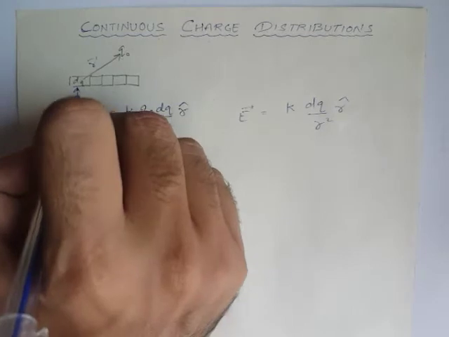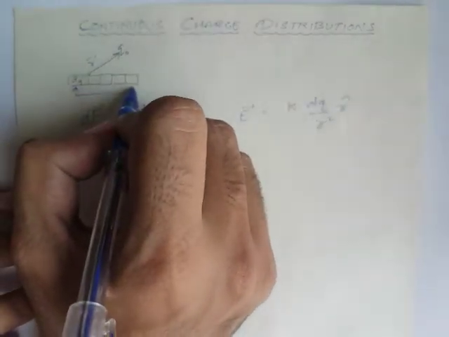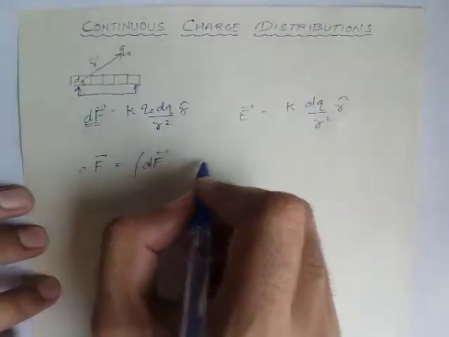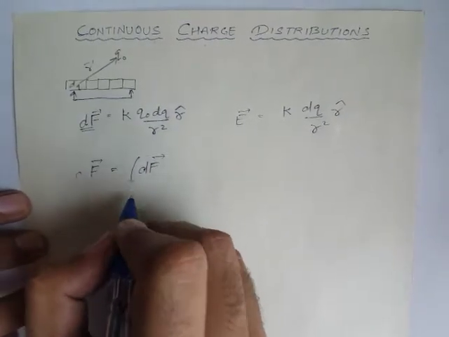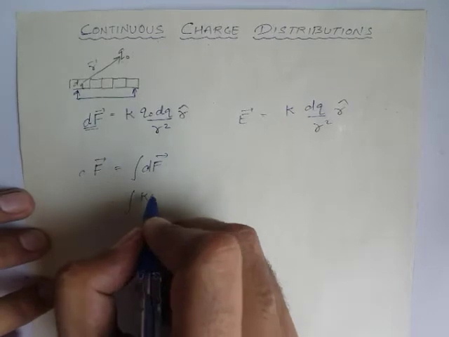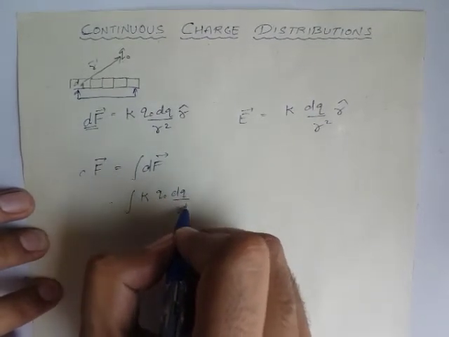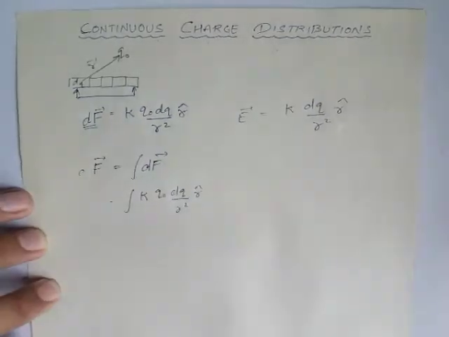Integration means we need to calculate all these forces. Now we will write the above formula over here: K Q naught dq upon r square r naught.